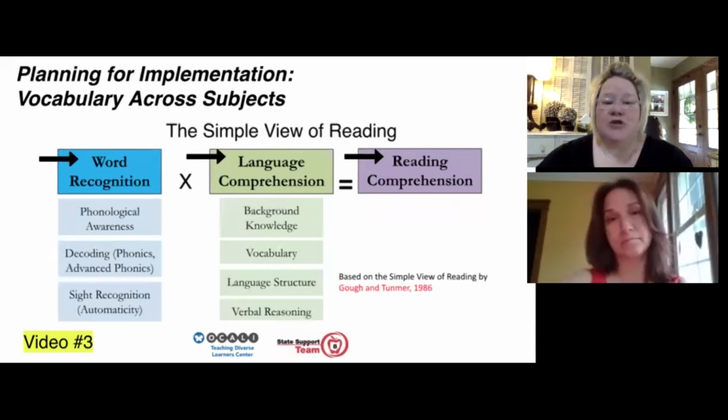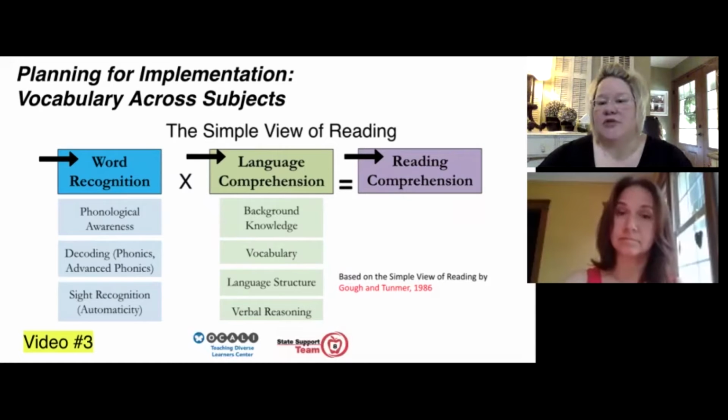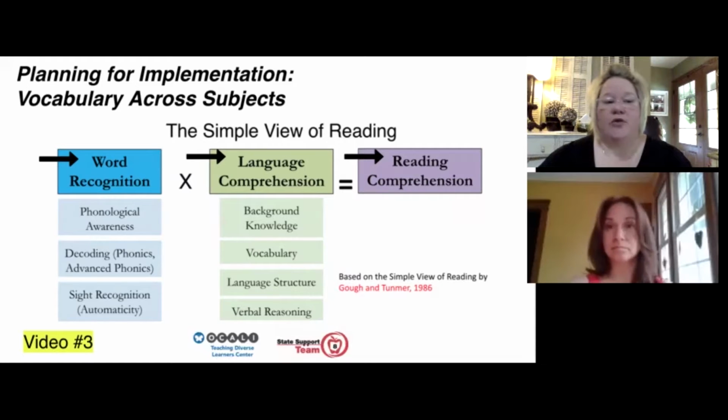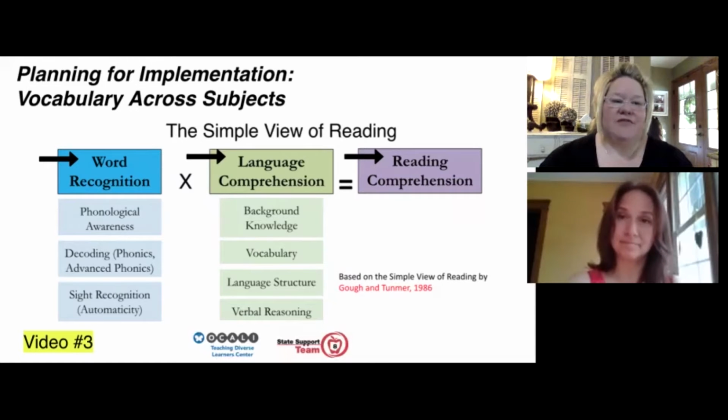And of course, the language comprehension piece, we hope to build background knowledge with this explicit instruction across all of our subjects, and of course, build vocabulary knowledge. And then ultimately, we hope that as students are reading, when they see these terms come up across the subject areas, that they really will build and expand their knowledge about the words that they're seeing in print. So let's head into our content for today.